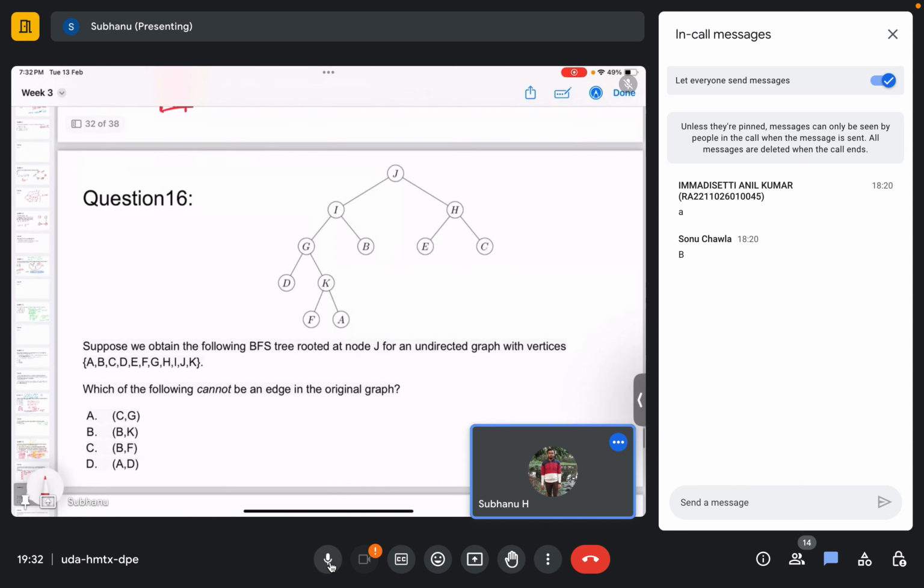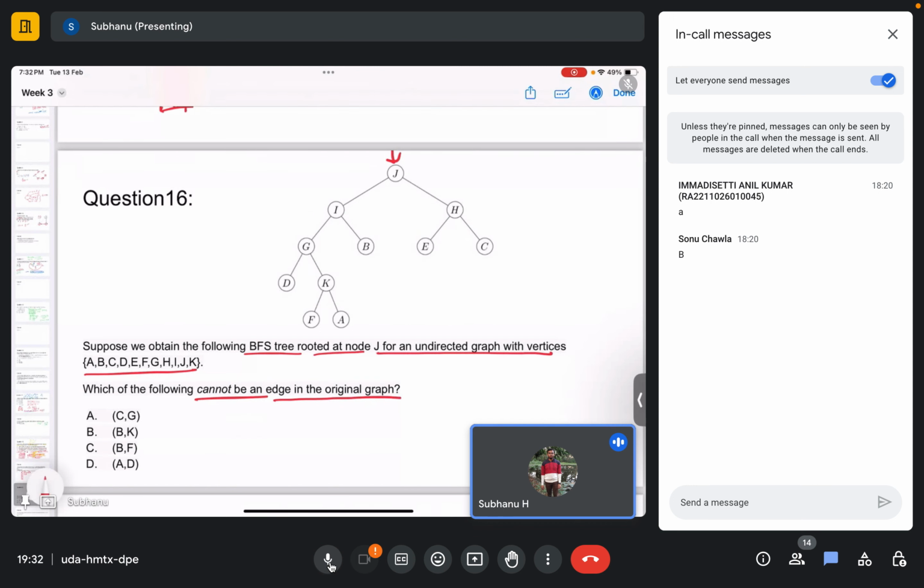Now come to this question. The question says you are given the graph. Suppose you obtain the following BFS tree rooted at node J, so your root node is node J, for an undirected graph with these vertices. Which one of the following cannot be an edge in the original graph?